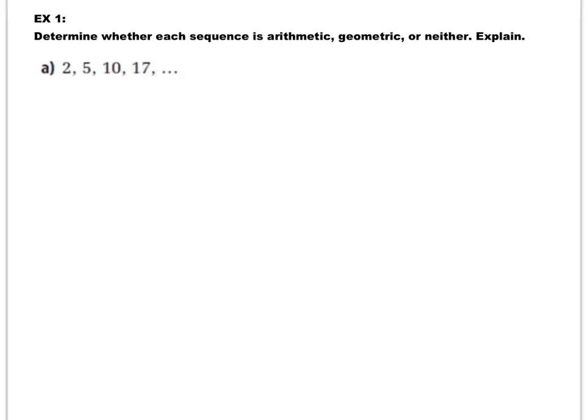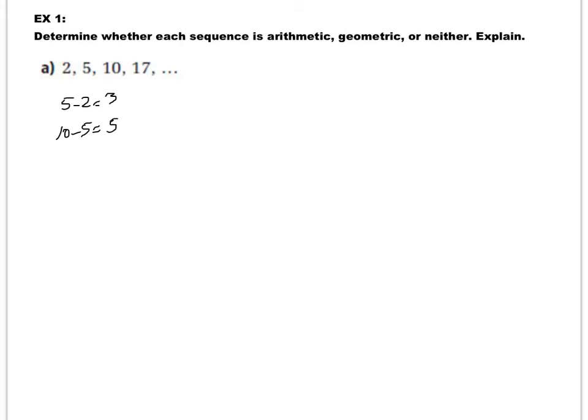The first example says, look at the following sequence and determine if it's arithmetic, geometric, or neither. First, we are going to try to see if it's arithmetic. In arithmetic, the difference between the terms is the same. 5 minus 2 gives us 3. 10 minus 5 gives us 5.